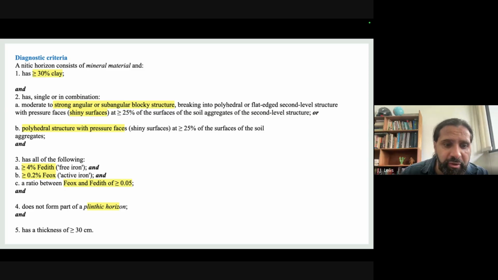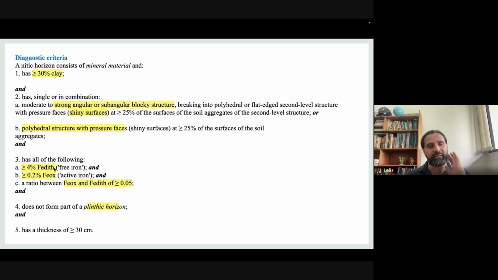The other criterion is that this section does not form part of a plinthic horizon. So I cannot find plinthic horizons and nitic horizons at the same time. And you can think, why? Why are we considering this? Because of this high content of iron.